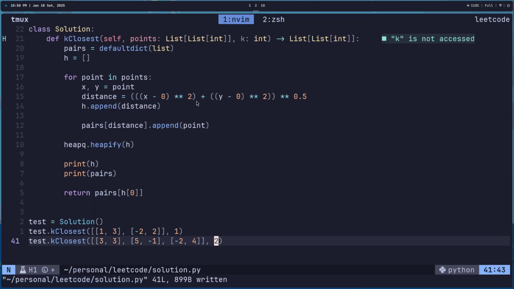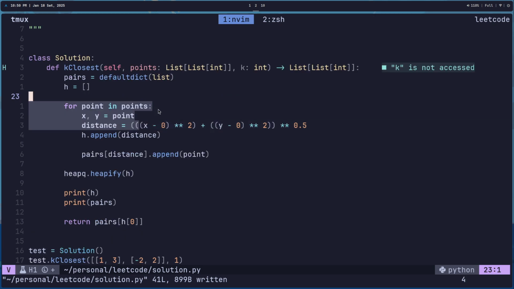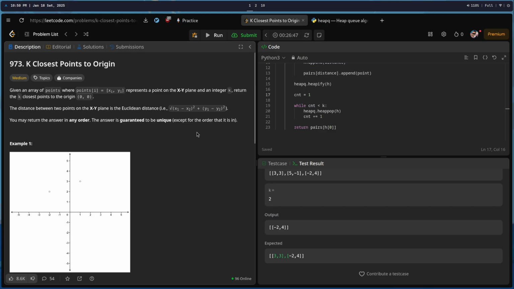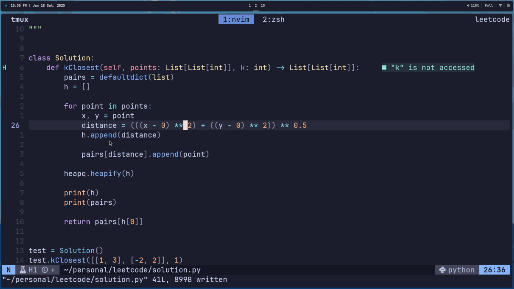Let me double check my math. Am I doing x minus 0 squared, right? Origin is 0 0, right?